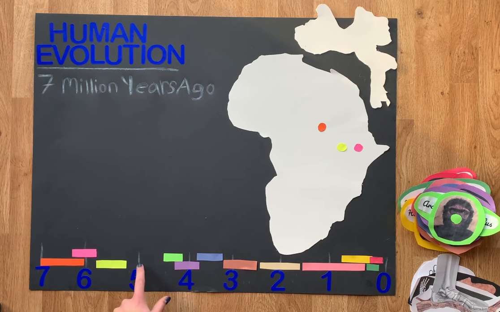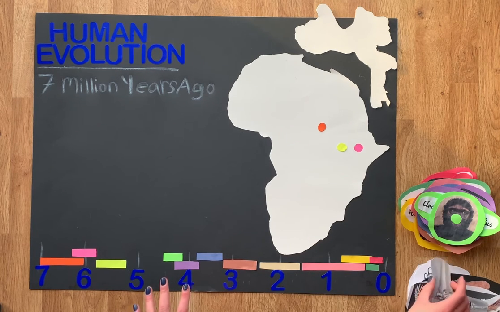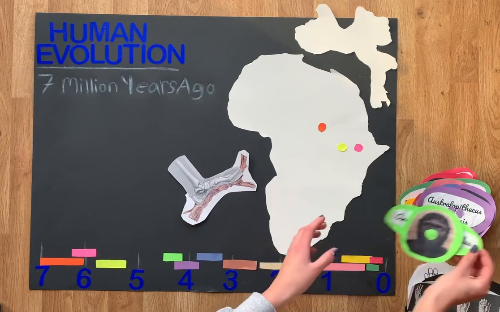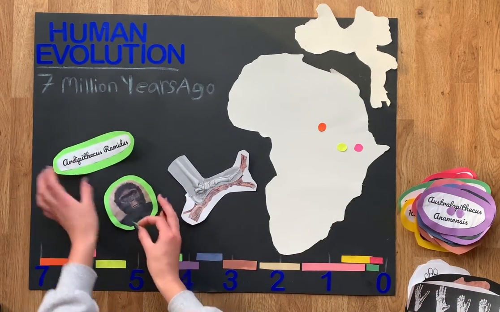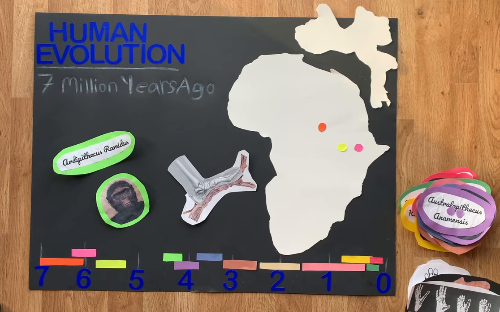Now, during this time period, no human fossils have been discovered, well, yet, but hominins continue to evolve and diversify. Now, fossils show that although walking upright, hominins were still tree climbers. Now, these were called the Ardipithecus ramidus, which was around 4.5 million years ago.